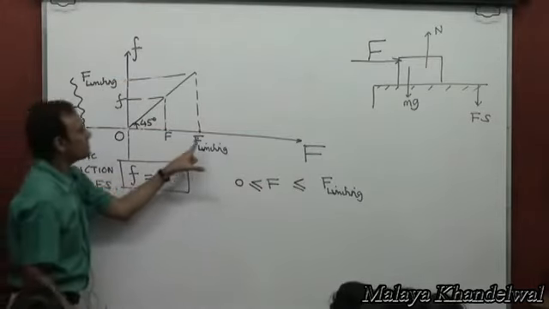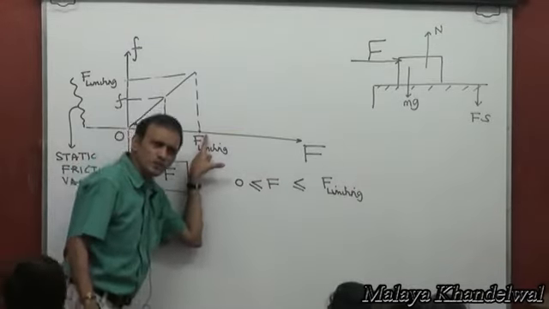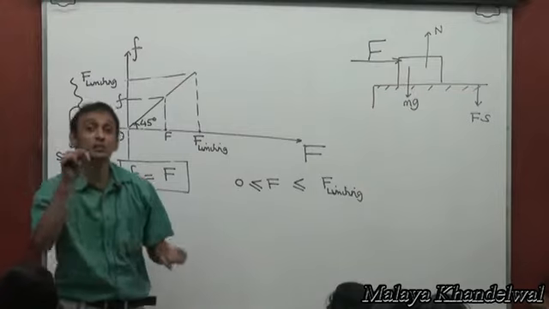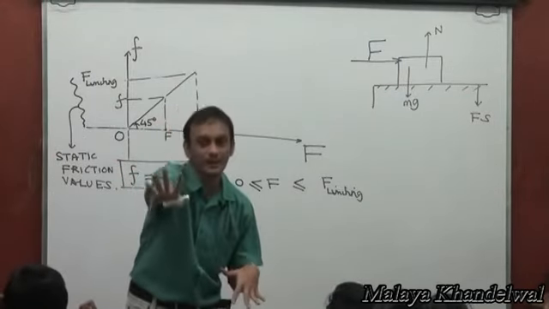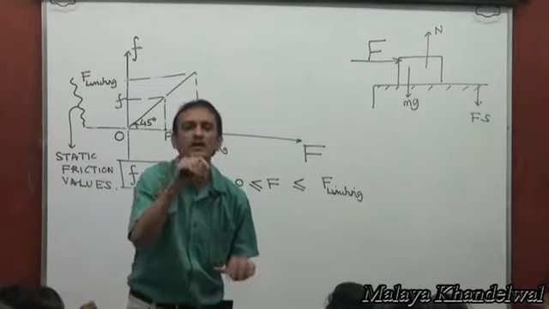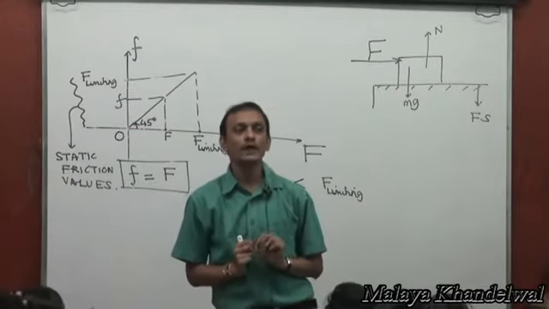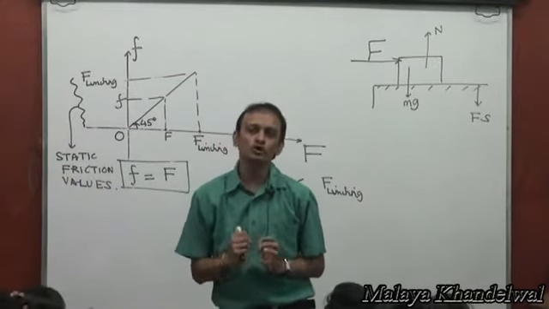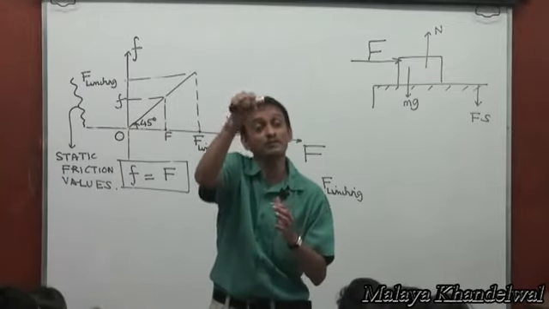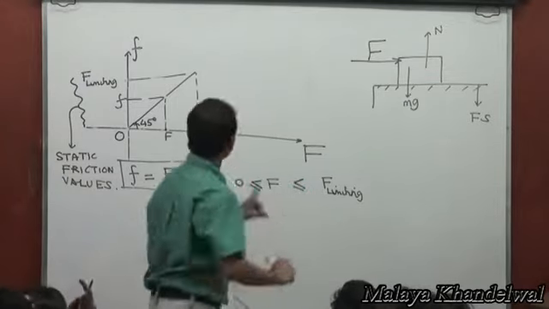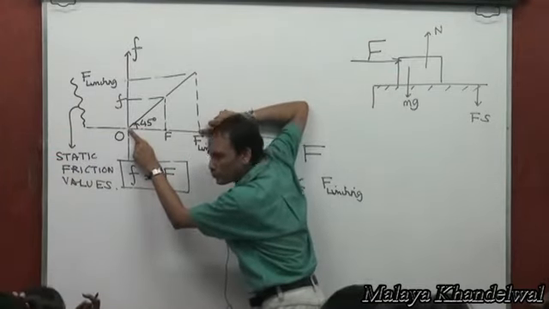Now, the moment the externally applied force surpasses this value, just goes slightly more than this, then like I said, the pins that represent the frictional force will break down, and the capability of the pins to resist motion will decrease. Up to this point, the frictional force and the externally applied force were the same.